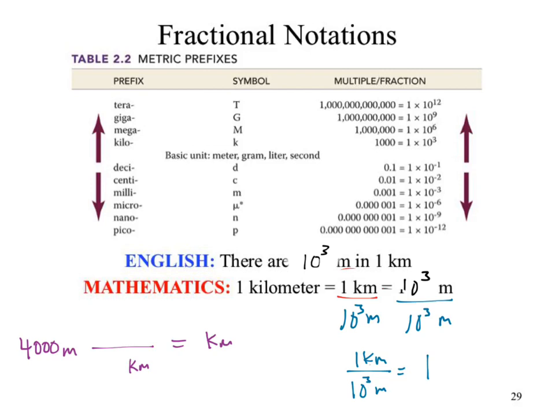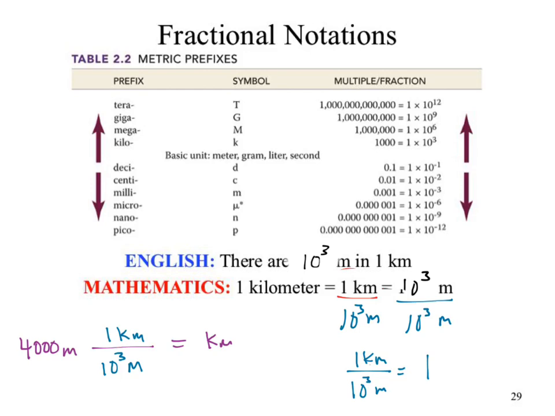Okay. 1 kilometer over 10 to the third meters is 1, right? So I'm going to multiply in my expression here 4,000 meters by 1. Everybody okay with that? Except what did I say 1 was equal to? What is 4,000 divided by 10 to the third? 4.